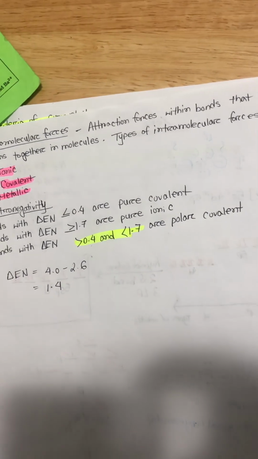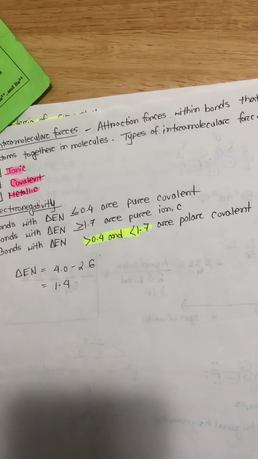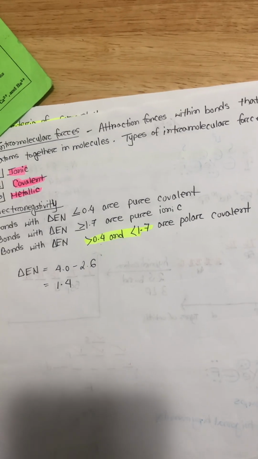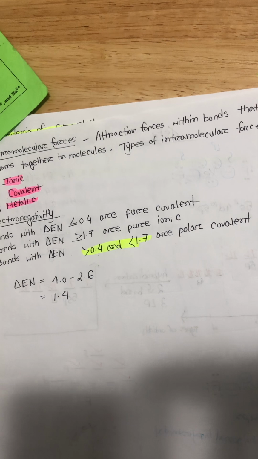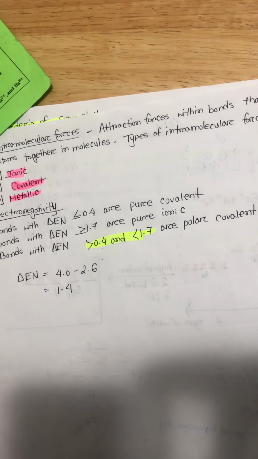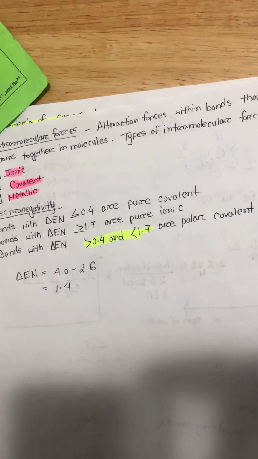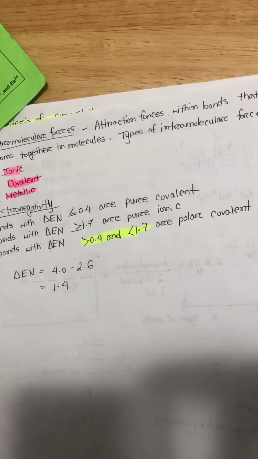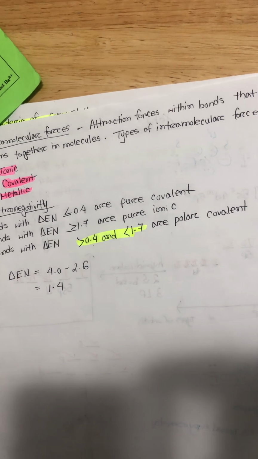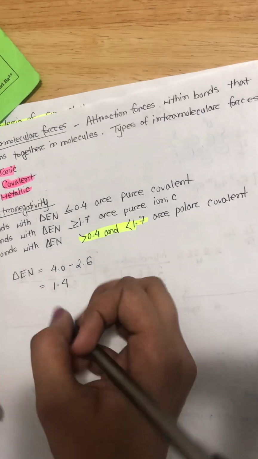So xenon difluoride has covalent bonds between xenon and fluorine. The sharing of electrons between xenon and fluorine results in this bond. As the electronegativity difference is 1.4, which is between 0.4 and 1.7, it is polar covalent. Now, let's note down what we found.